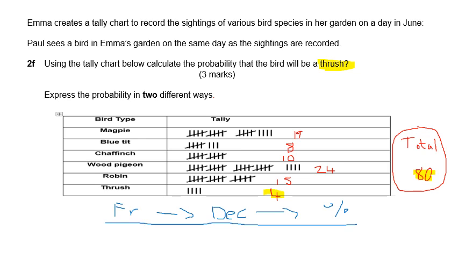Now you just say to yourself simply, well, 4 in 80, what will that look like as a fraction? Well, obviously 4 over 80. I know that can be simplified, but we'll just leave that for the moment. Now, how do we turn any fraction into a decimal?